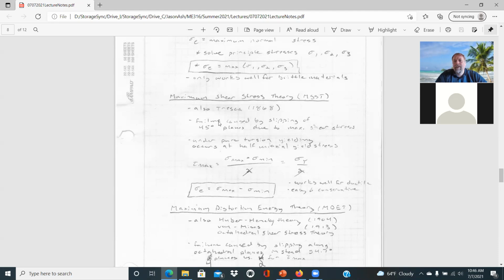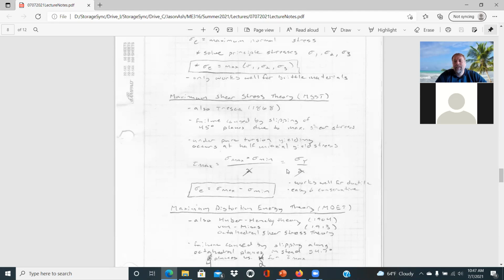And what you'll find is that under a pure torsional loading, that failure occurs at about half the uniaxial stress. That's a ballpark estimate. And so if we look at tau max, and my favorite way to define that is sigma max minus sigma min divided by 2, we find that failure occurs at about half the uniaxial yield strength, so sigma y divided by 2.